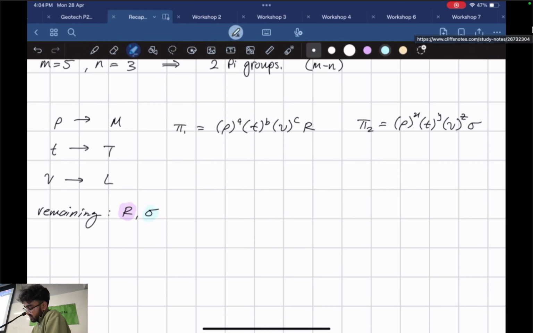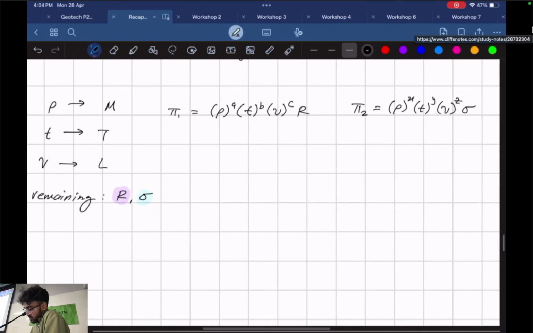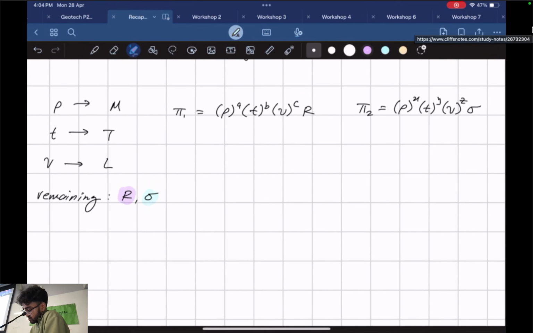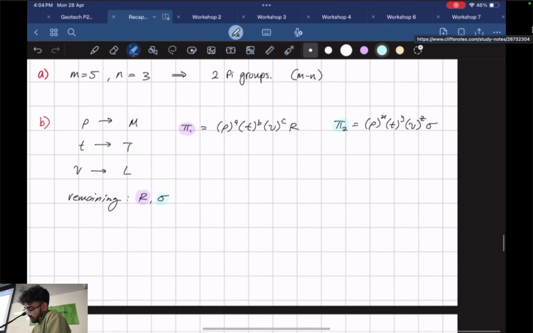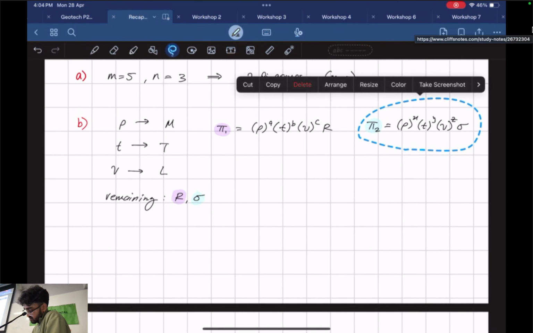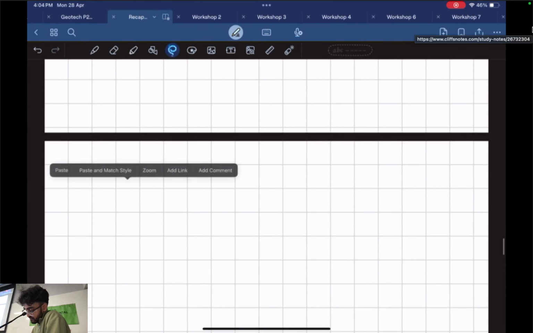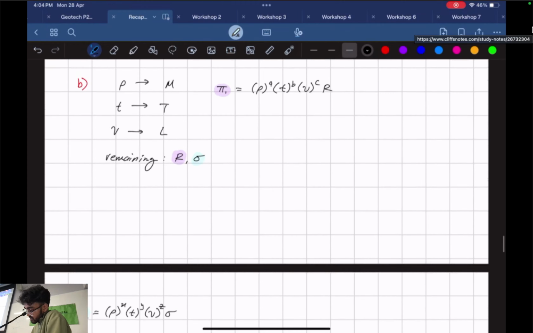I highly doubt you guys will get surface tension because I don't even know the dimensions for surface tension. I'll figure it out. But okay, so this one and this one. So I'll figure out pi 1 first. So pi 2 I'll put over here. Let's figure out pi 1.